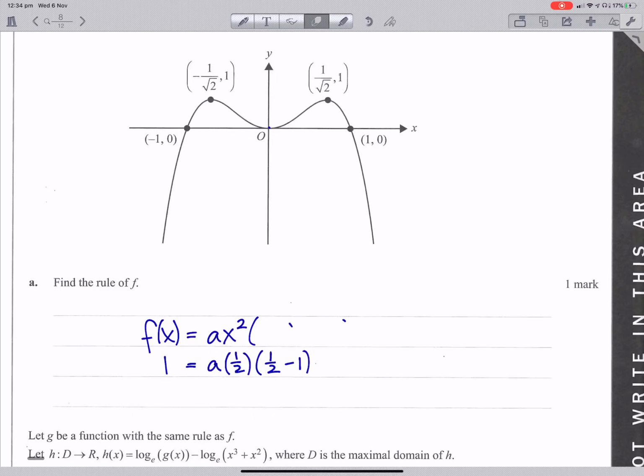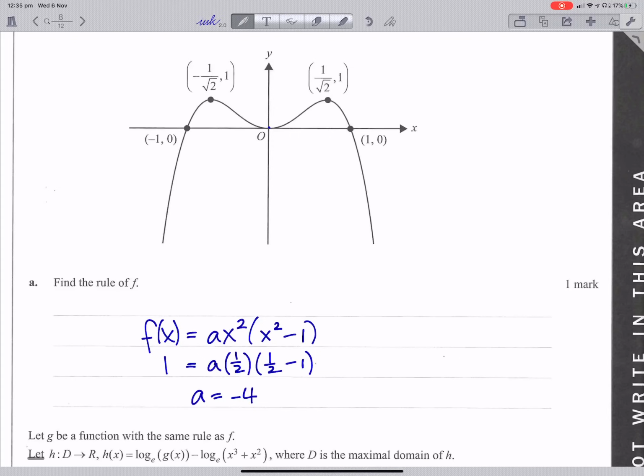It's easier if we use x squared minus 1. So that's why it's a half minus 1. And we're going to get negative 1/4, so a equals negative 4.